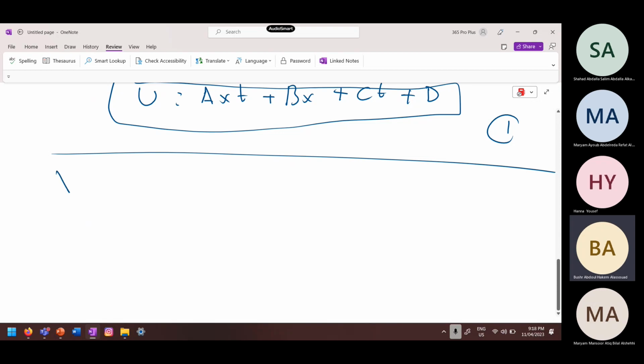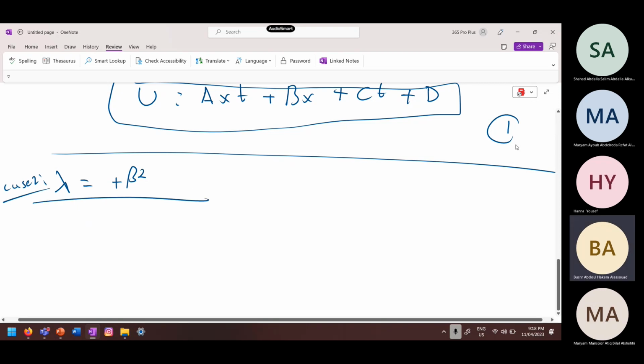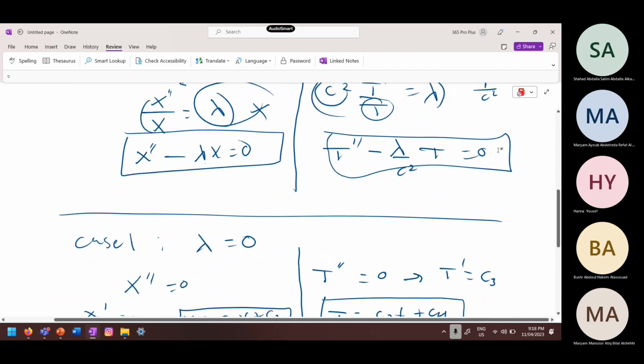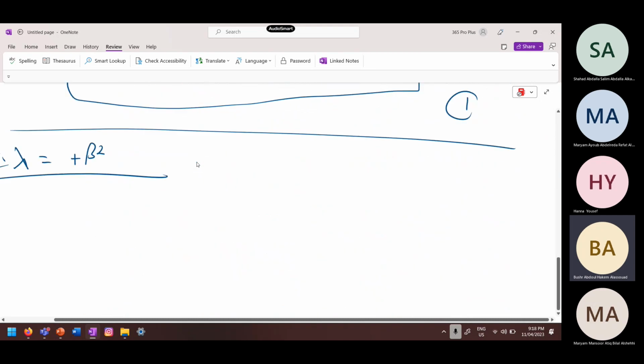For the second solution, we're going to use lambda is equal to positive beta squared. This is case 2. Now we need to substitute the value of beta square back here.